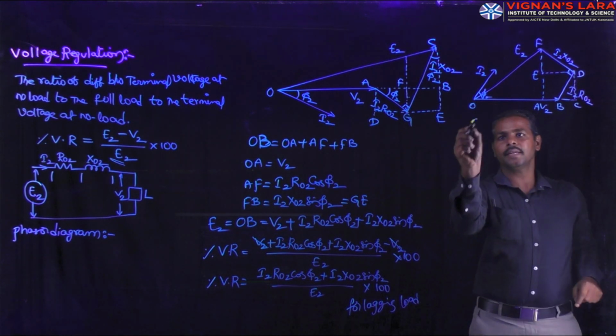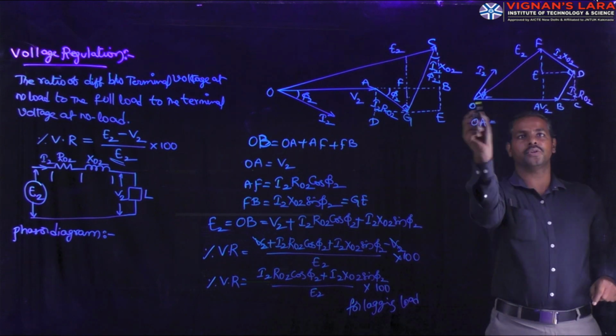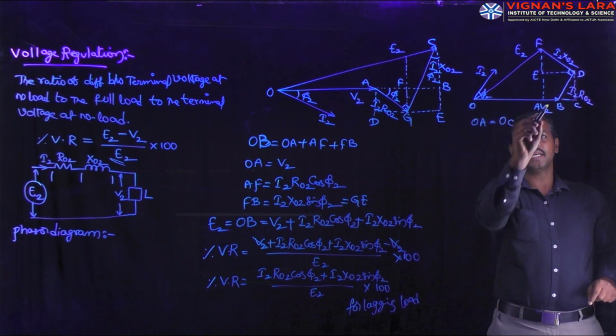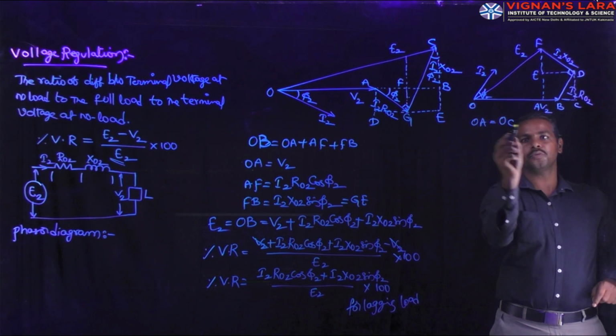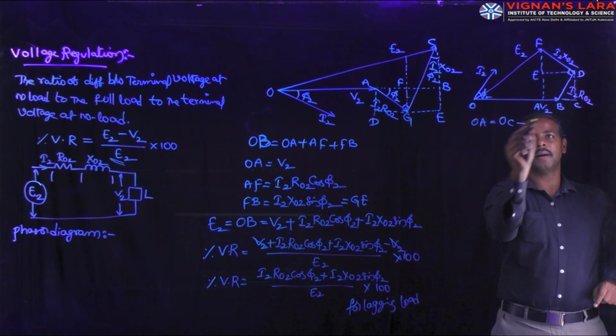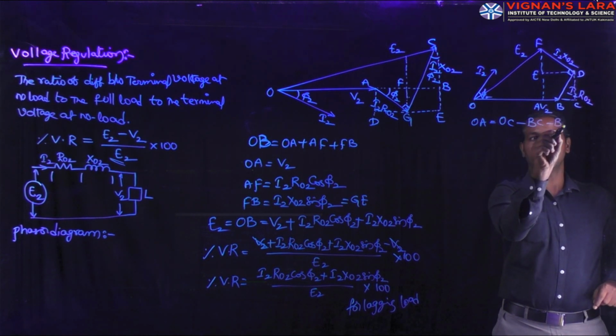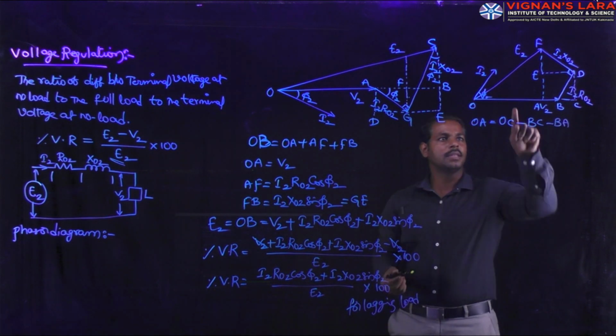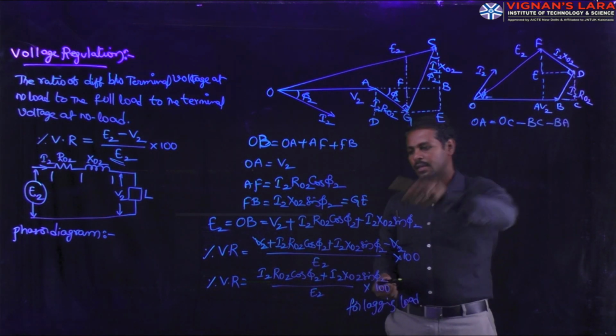OA is equal to the total distance OC minus BC minus BA. Only then do we get the OA value. This is the equation for leading loads.